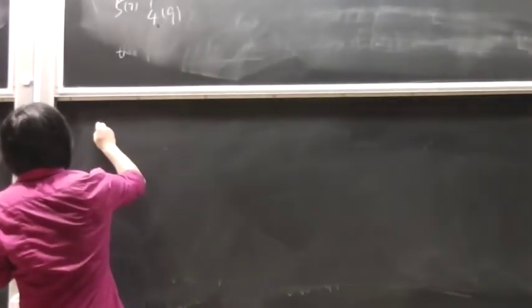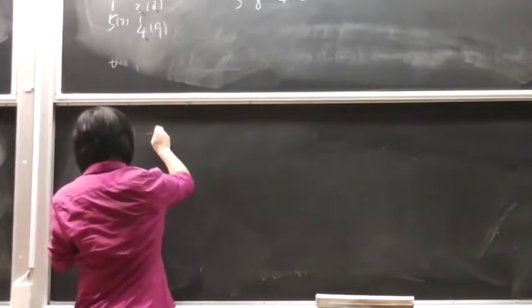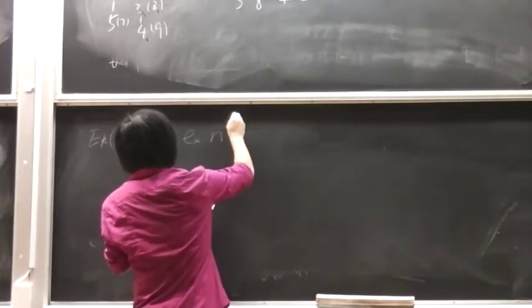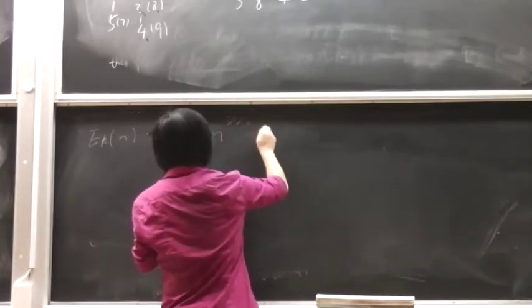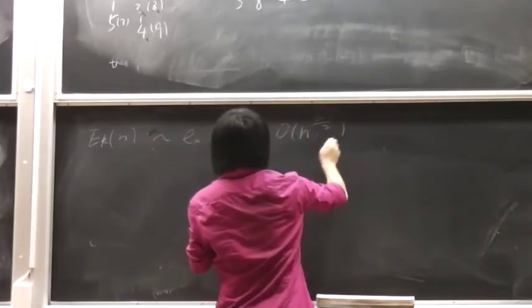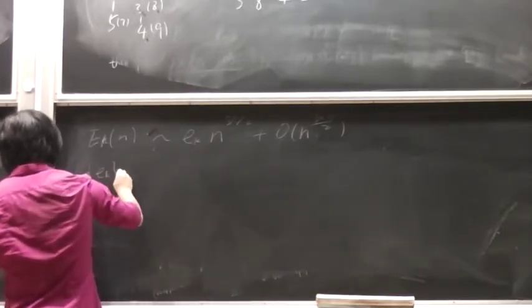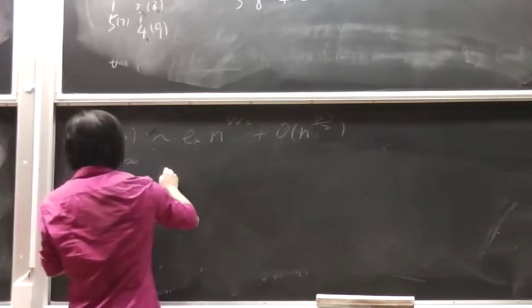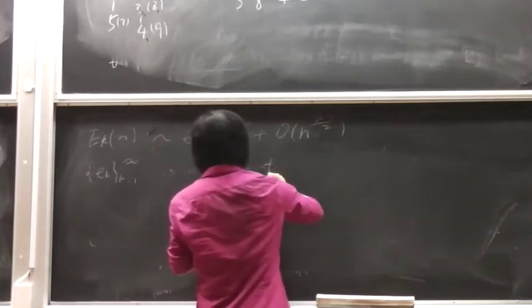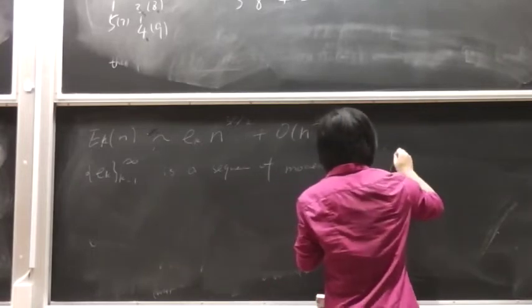So we will have that E_k(n) is asymptotic to some coefficient times n to the 3k over 2, where e_k is a sequence of moments of the Airy distribution.